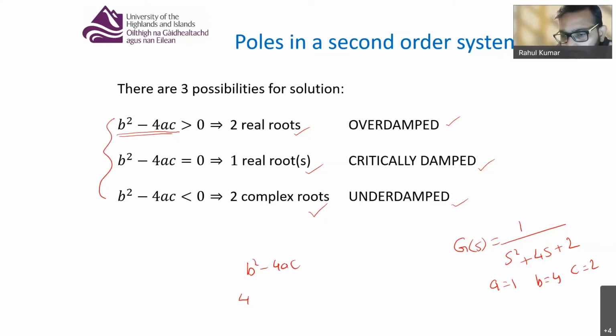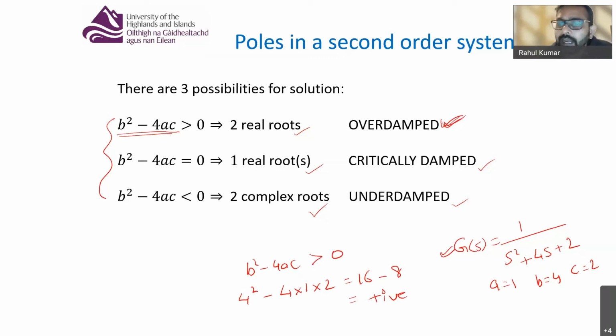I will get 4 square minus 4 multiplied by 1 multiplied by 2. So 4 square is 16 minus 4 multiplied by 2 is 8. Basically I will get a positive number which is greater than 0. So I can say for the given transfer function, my system will be overdamped.